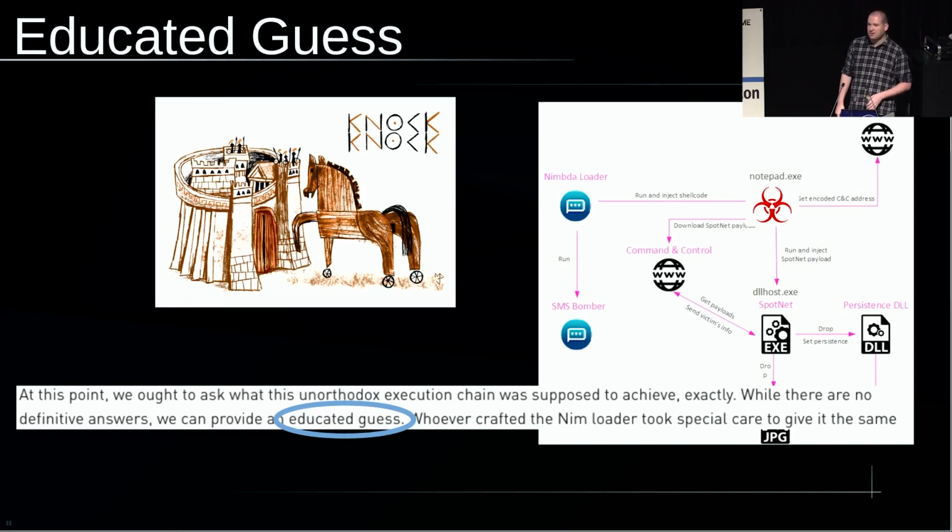This is aimed at some hypothetical victim, who was going to open this executable thinking that they were using an SMS Bomber. And indeed, when they would double-click it, the SMS Bomber would be launched, and they would see nothing amiss. But meanwhile, unbeknownst to them, there would be a backdoor installed on their machine.